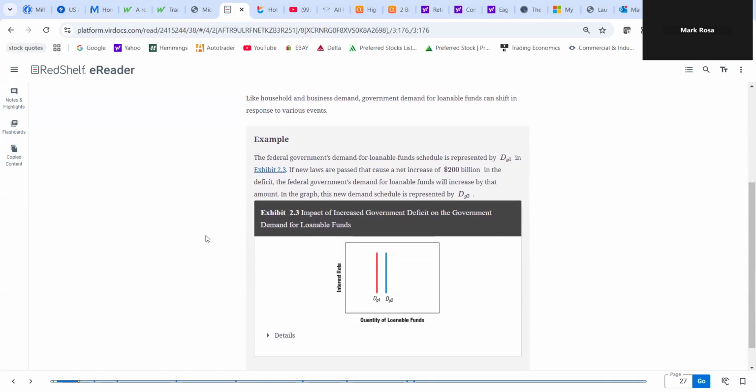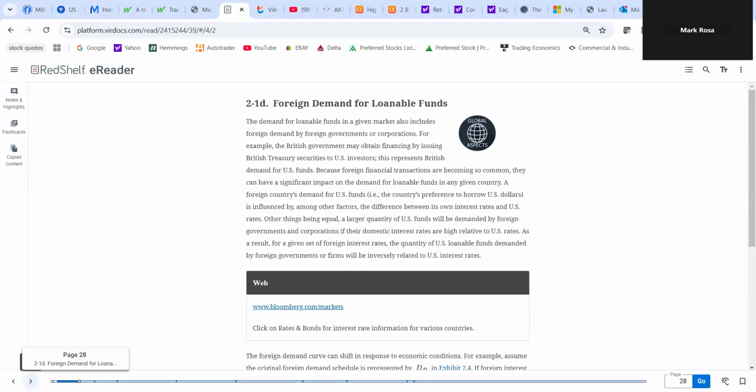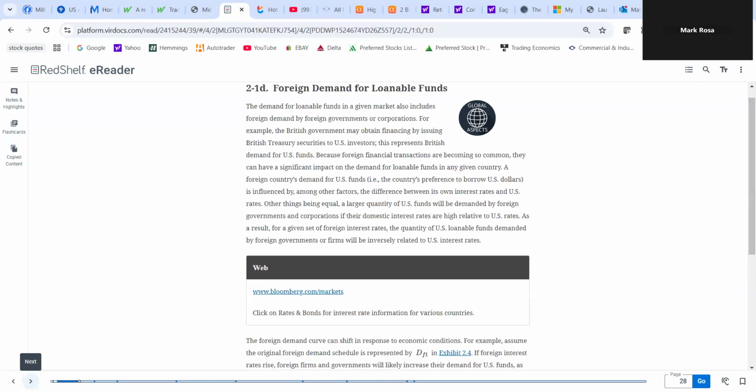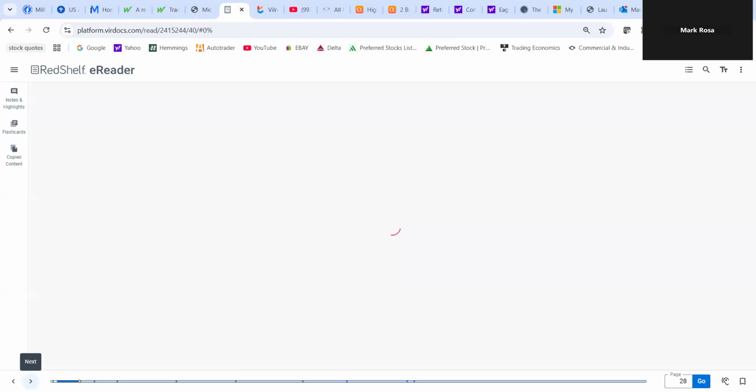So here you have an inelastic demand curve, the ones that are straight up. It's not the typical 45-degree downward sloping demand curve like you and I would face, or that businesses would face. And you've got foreign demand for loanable funds. Just spending a second on this, obviously you could have foreign borrowers from banks that are domiciled in the U.S., so they're branches of U.S. banks.